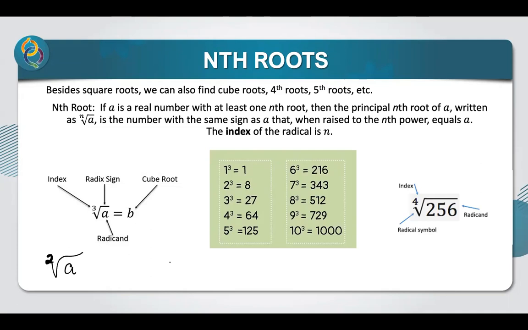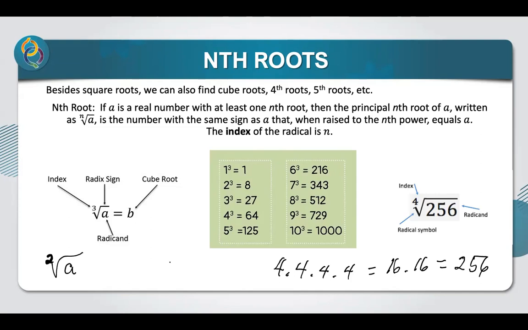Four? All right. Because you see, 4 times 4 times 4 times 4 is the same as 16 times 16, correct? And 16 times 16 is 256. The square root of 256 is 16, but the fourth root of 256 is 4.